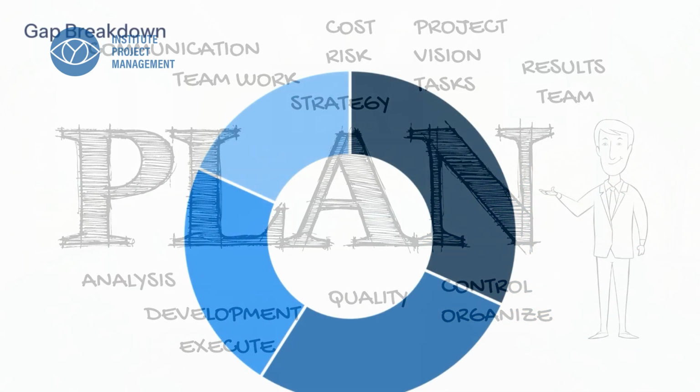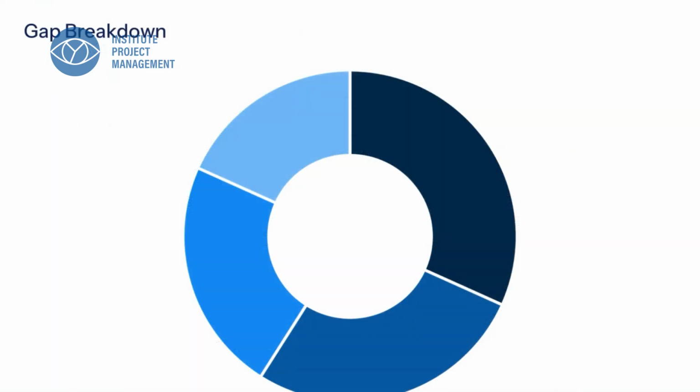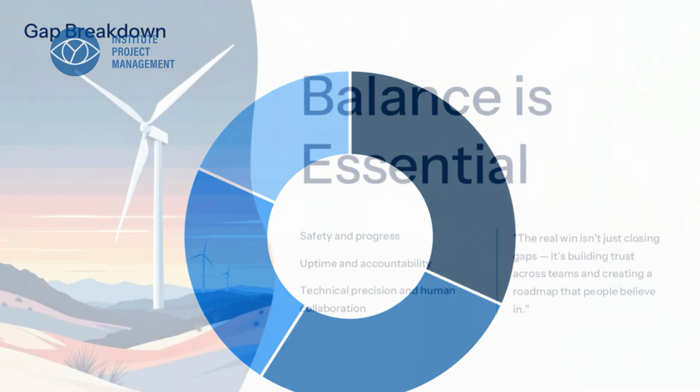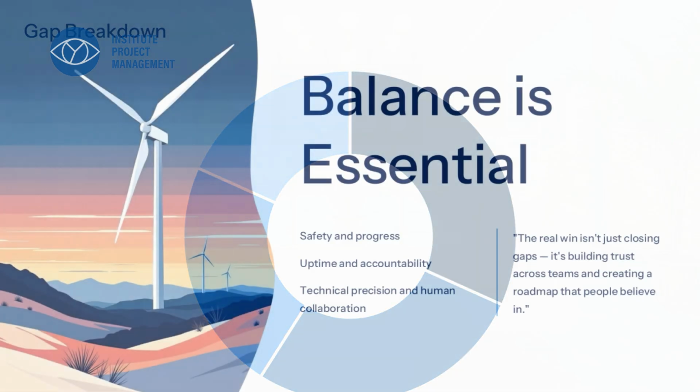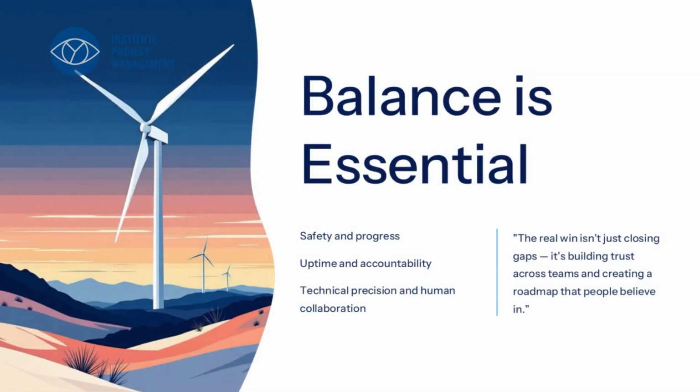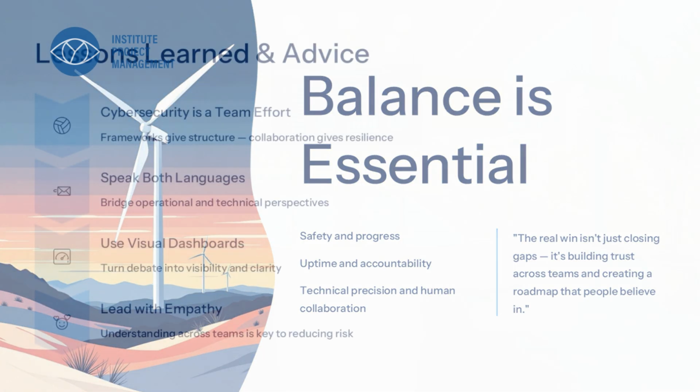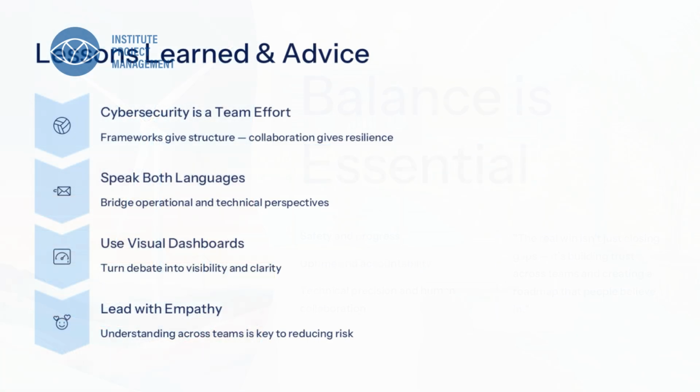Because when systems are too critical to fail, your approach has to be both resilient and respectful. This project reminded me that the real win is not just closing the gaps that you find in your project, it's building trust across teams and creating a roadmap that people believe in.